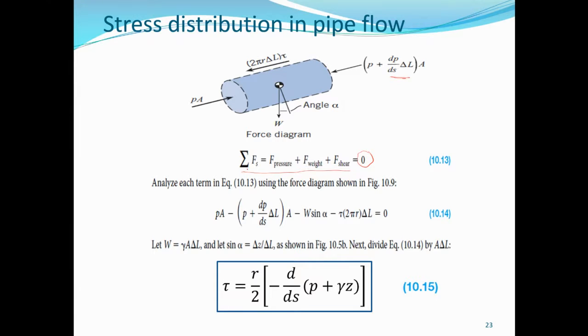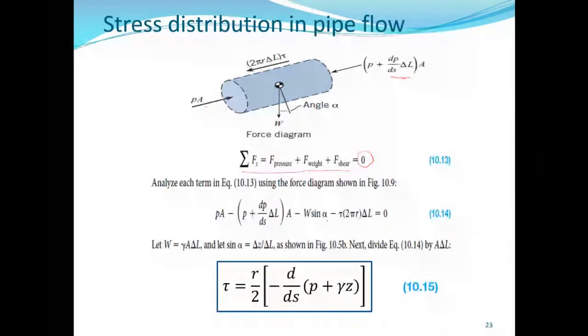Okay, so when we substitute, the pressure force, this minus that, which is always compressive, minus the shear stress times the area. And the area will be 2 pi r times delta L, 2 pi r being the circumference, then times delta L, which is the surface area. Minus W sine alpha, similar to what we did in the derivation of the Darcy-Weisbach equation.